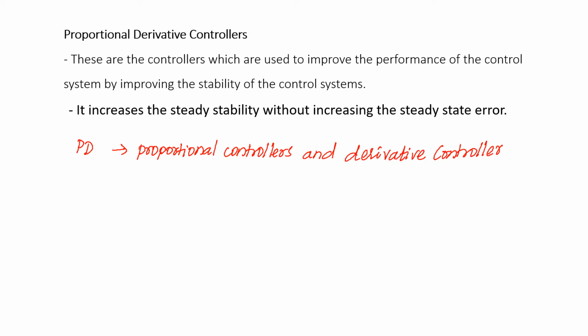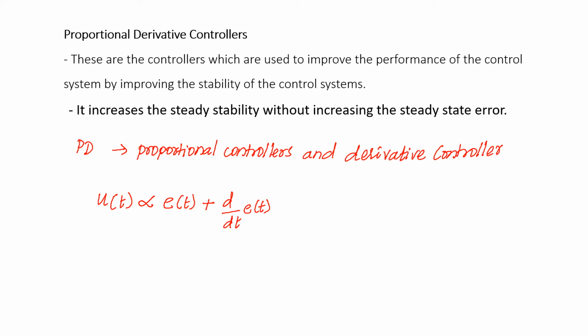That means U of t, the output of the PD controller, is directly proportional to the error signal E of t plus the derivative of the error signal E of t.